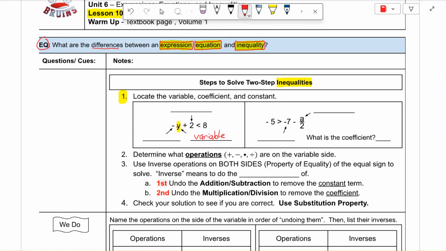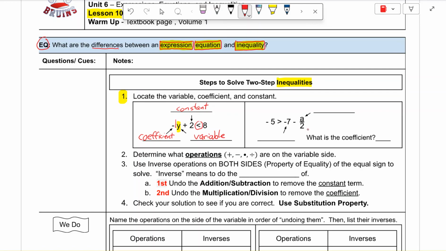So we know that we can add a 1 right here, and so negative 1 is the coefficient. And that leaves this plus 2 as the constant. Now we only talked about the numbers that are on the variable side. We did not talk about the 8 because this sign splits the inequality into two halves.